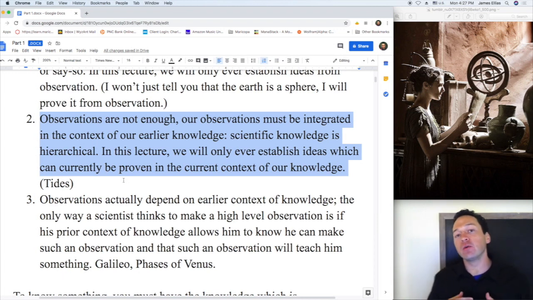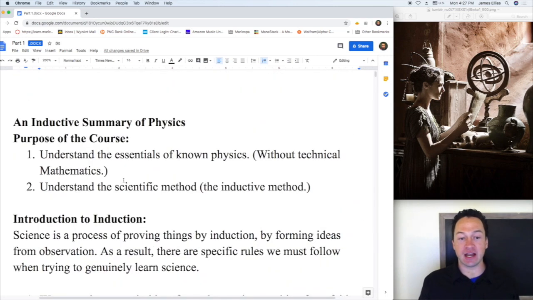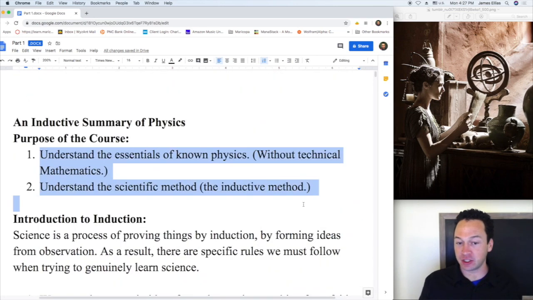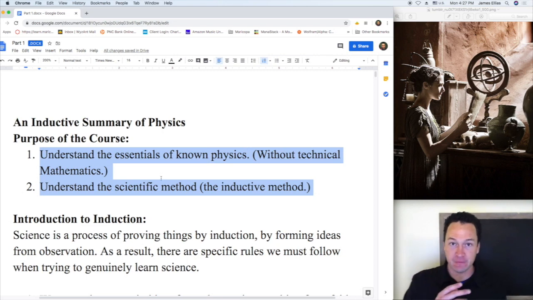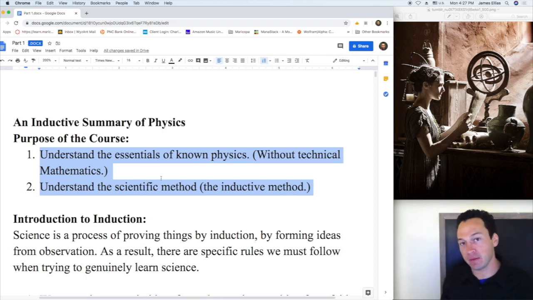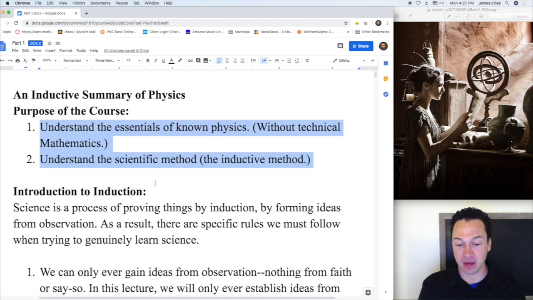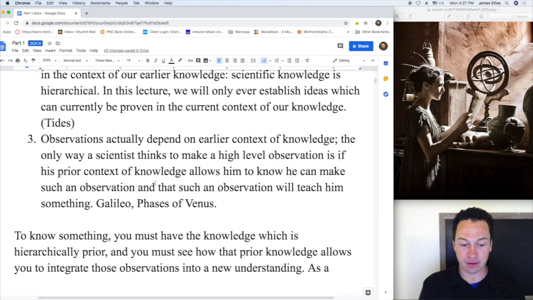And in this way, we're going to, again, understand these two aspects. We're going to understand the essentials of known physics, and we're going to go all the way from the ancient Greeks, hopefully to the modern day. And we're going to understand how the scientific method works, the inductive method.